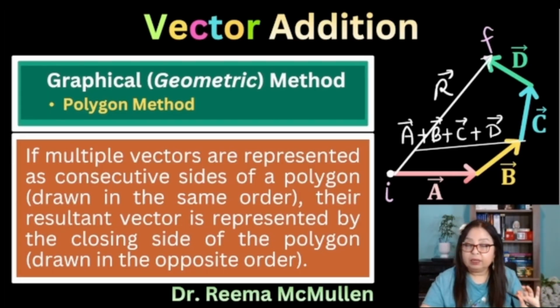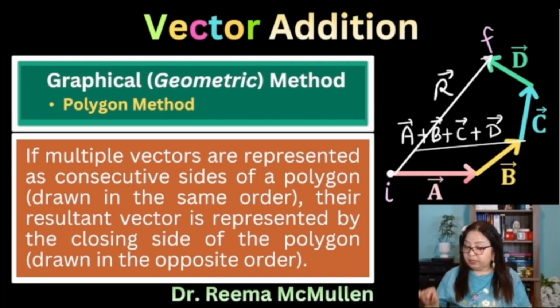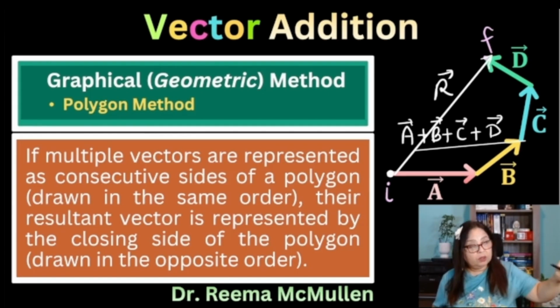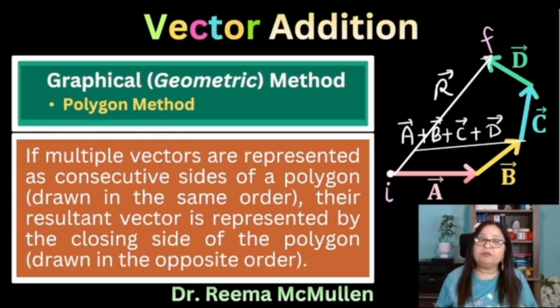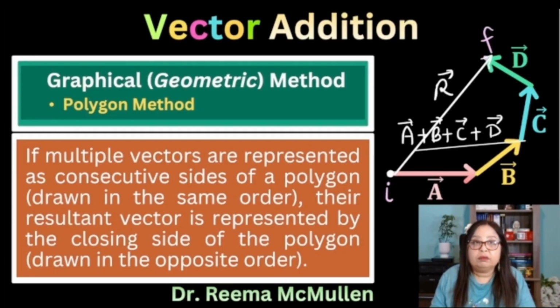And then at the end, you close that polygon by drawing a vector that begins at the tail of the first vector, which is vector A, going to the tip or the head of the last vector, which in this case is vector D. And this vector, which forms the closing side of the polygon, taken in the opposite order, is the resultant vector.